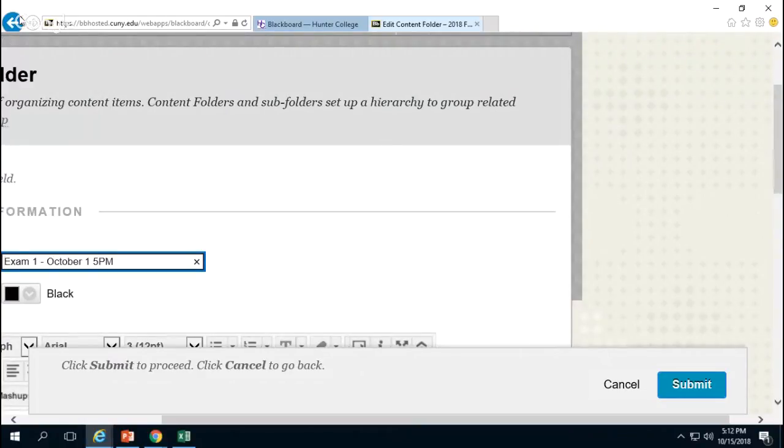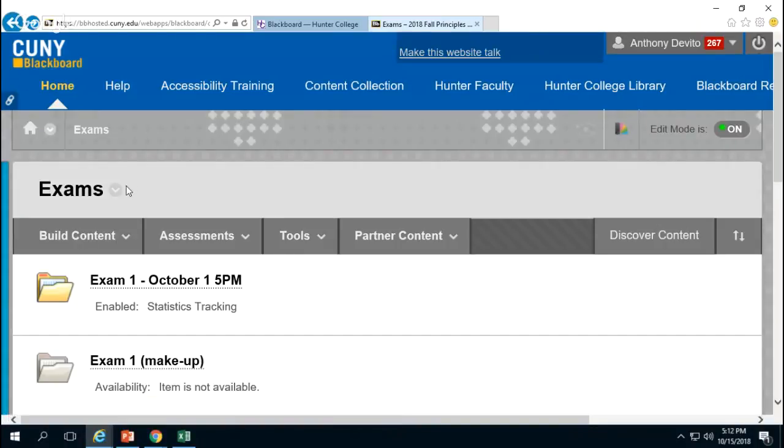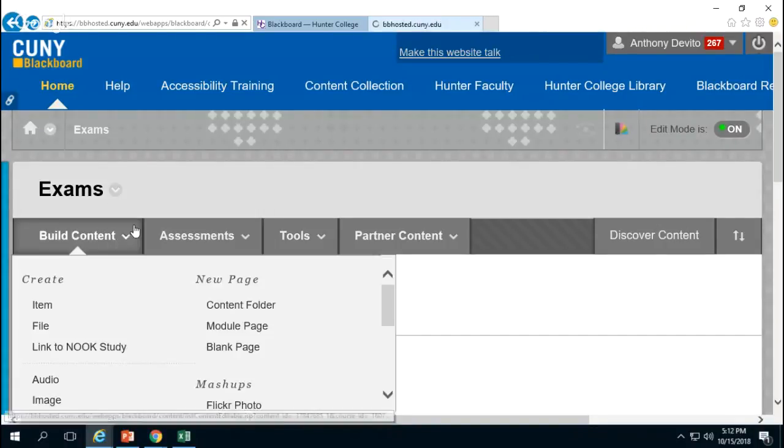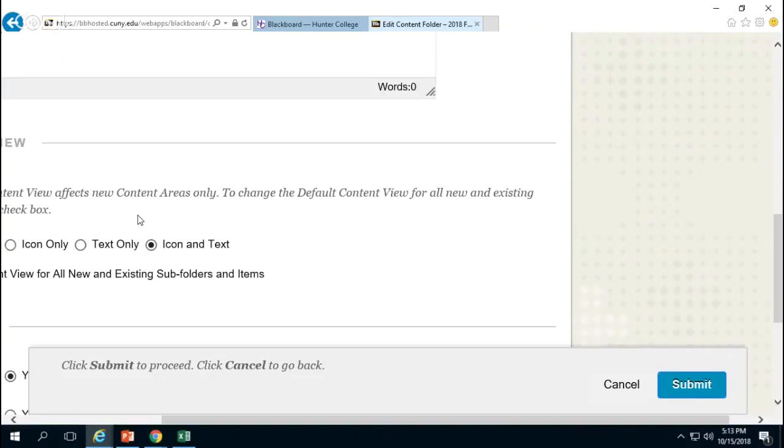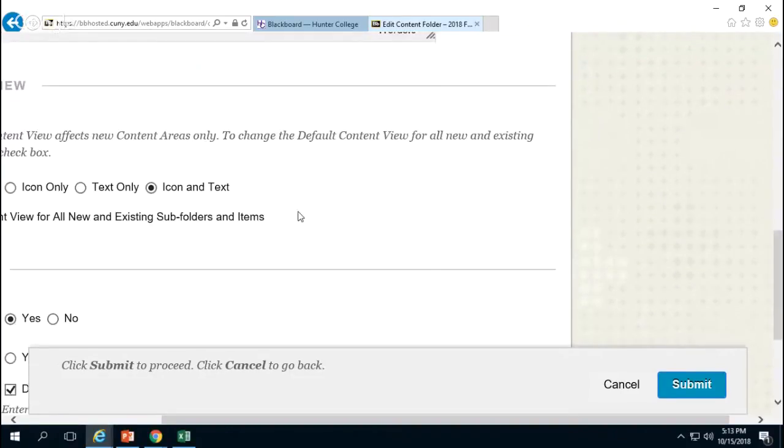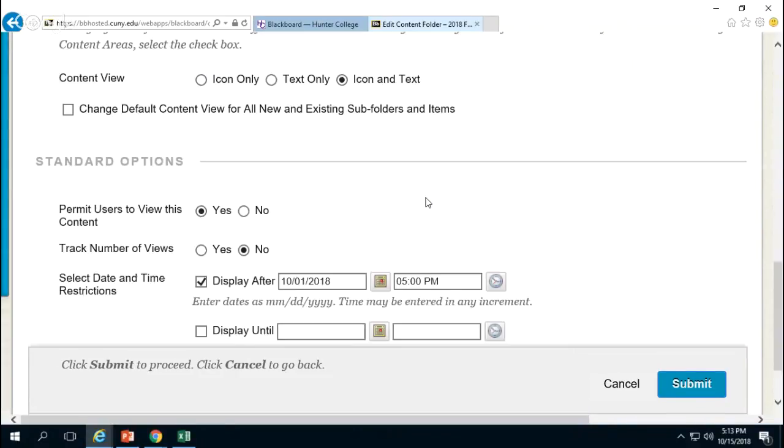Oh, is it just the menu item that's hidden? Boy, Blackboard is not making this any easier for me. Here we are.